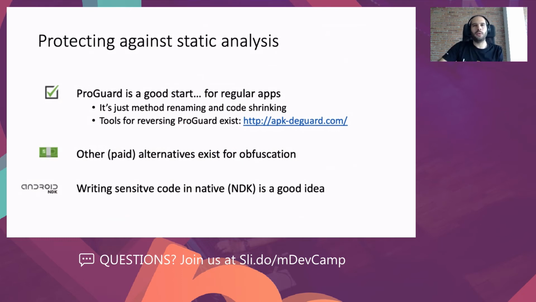But actually, if we write some of this stuff in C, because of the way that C is compiled, down to assembly, someone who tries to reverse engineer our C code will need to reverse engineer assembly code, which is way more difficult than reversing Smali code. So if you have some sort of secret, it's very recommendable to move it to a native layer. It's something I would strongly recommend.